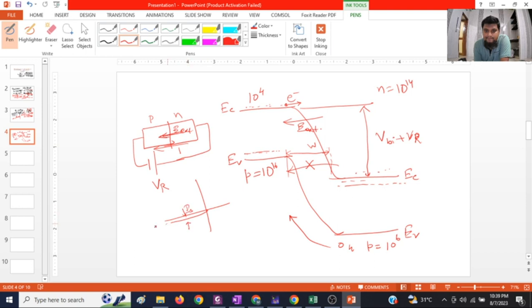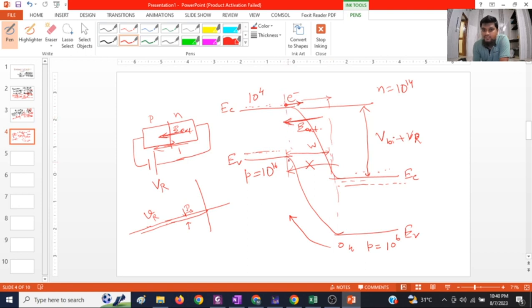But now you keep on increasing the reverse bias. What will happen? This electric field is increasing. Because of this increased electric field, these electrons will find sufficient energy after some time, and they will accelerate towards the N region through this junction.